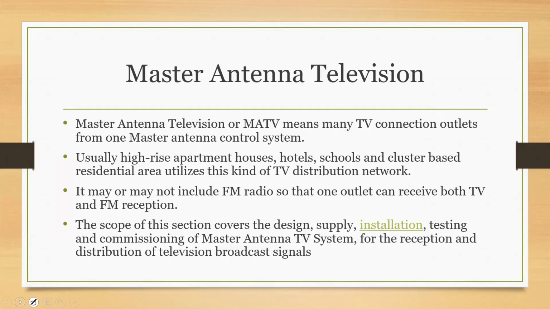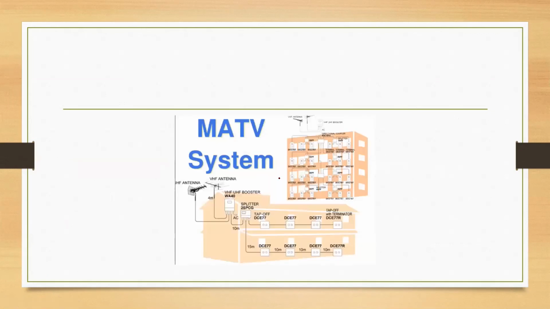That way we have it in hotels and schools, the cluster based residential areas. So always there will be a master antenna television, and the others will be receiving subsections of it. You have your master, and then it is being transmitted to every home in the society or the building.